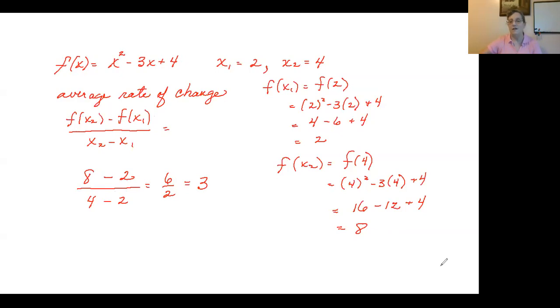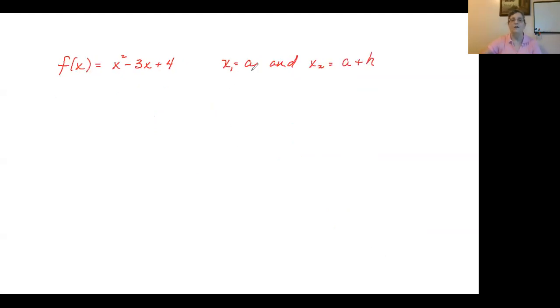Now, they may at times give you variables to plug in instead of number values for x. So f of x2 minus f of x1 over x2 minus x1.